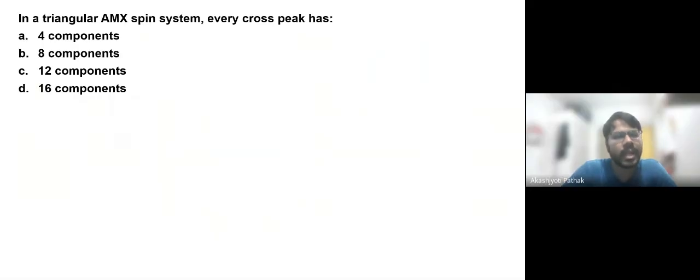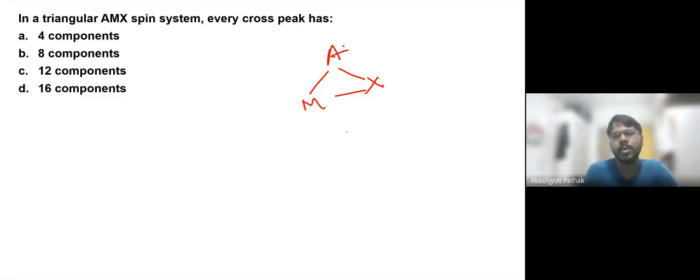So in a triangular AMX spin system, what will every cross peak have? In a triangular spin system, each spin is coupled to the other two. A is coupled to M, A is also coupled to X, M is coupled to A, and each is coupled to the other two, right? So A will have a doublet of doublets, M will have a doublet of doublets, and X will also have a doublet of doublets.